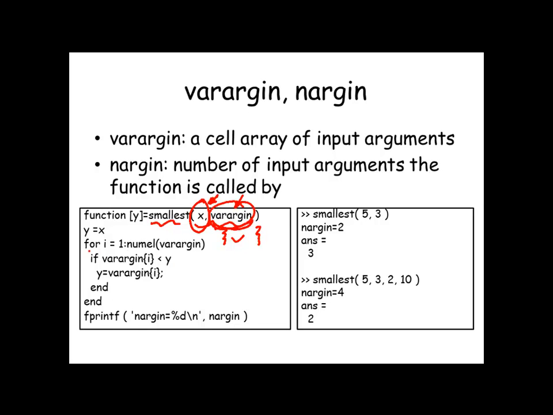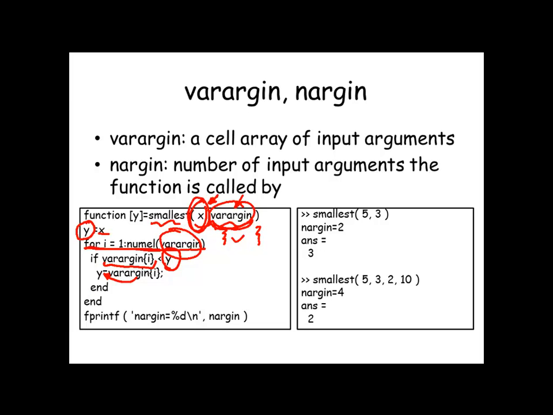We can take varargin and write a for loop to iterate over its elements to find the smallest one. In this example, we are initializing the output variable y to the input variable x and iterating over the varargins provided to this function. For each one, we test whether it is smaller than the value of y that we have seen so far. If so, we update the value of y to become the new smallest value.